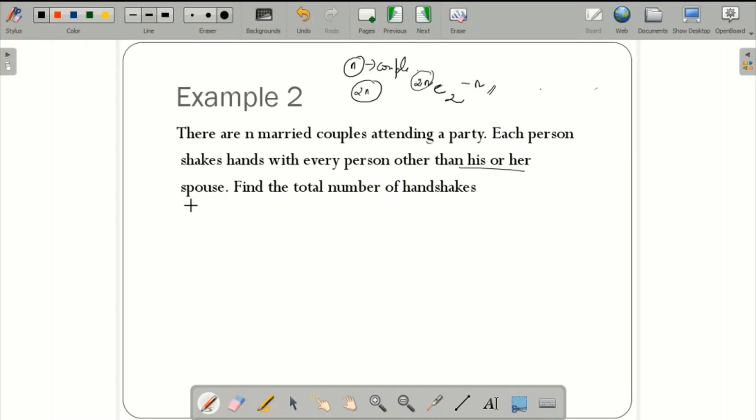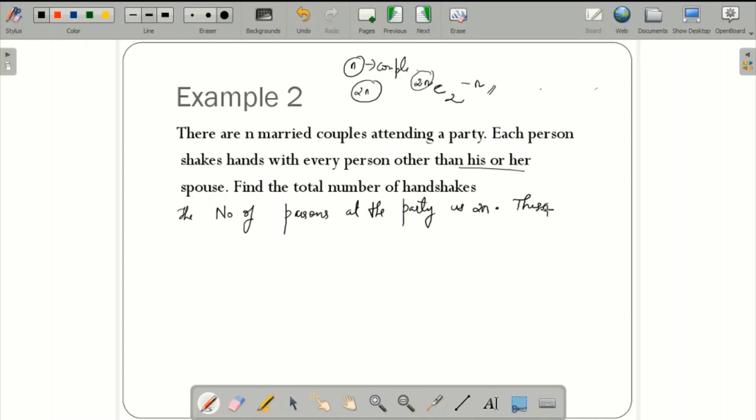So the solution you can write is: the number of persons at the party is 2n.